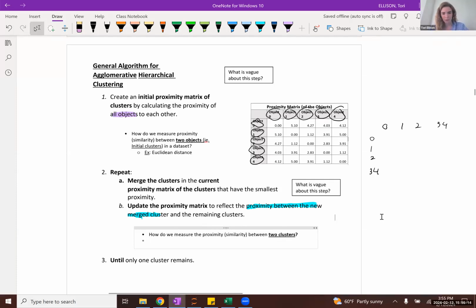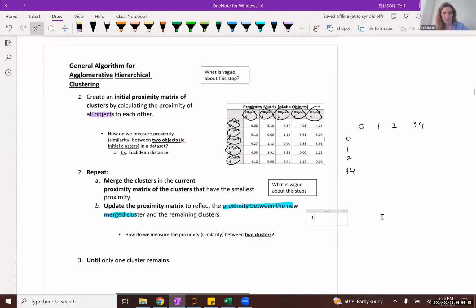There's a variety of different ways that we could measure the distance between two clusters, and the answers to this question dictate the different types of hierarchical agglomerative clustering algorithms that exist out there. The way that we measure the proximity between two clusters is what we call the linkage function.